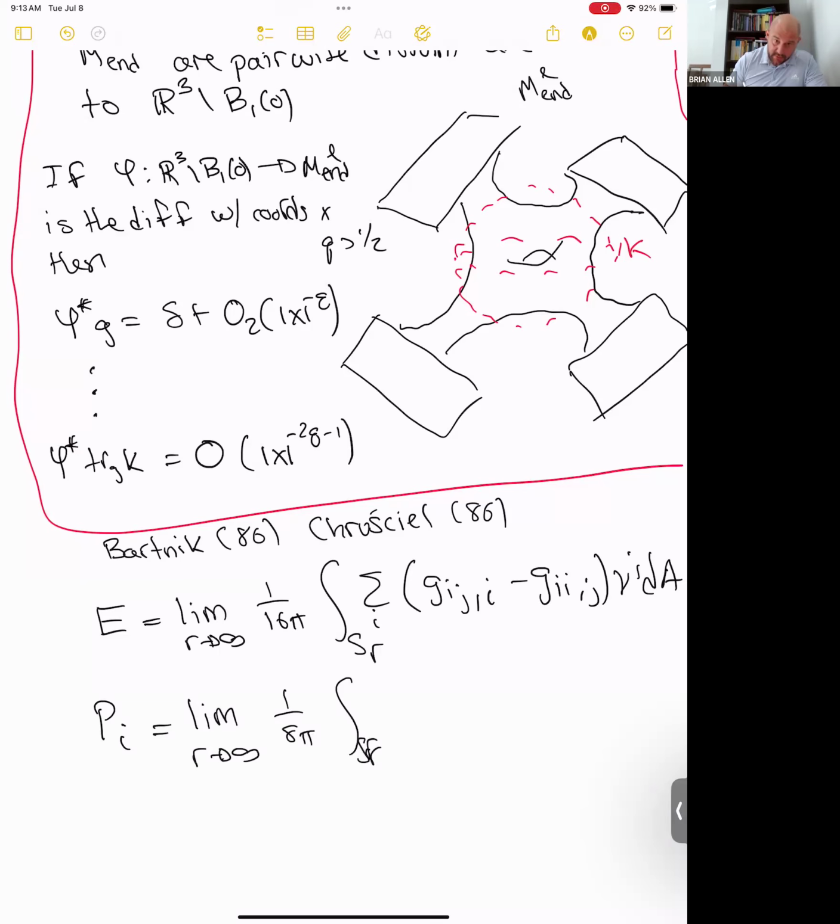Here, the momentum vector is in terms of the second fundamental form. So you see how you just need to know the g and the K in order to understand the relevant physical quantities on the slice M. And S of R are the coordinate spheres here, right, because this diffeomorphism to R3 minus a ball gives us coordinates on the end.